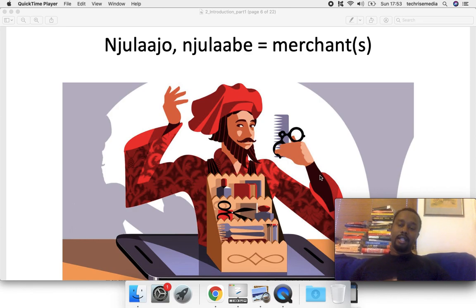So in Guinea, there's plenty of merchants. Literally, everybody's a merchant. And I'm not saying this in a negative way, but everybody sells something, right? They buy and sell stuff, right? So that's what a merchant is. He sells a lot of things in a sense. So he's a julajo or julabe, right?